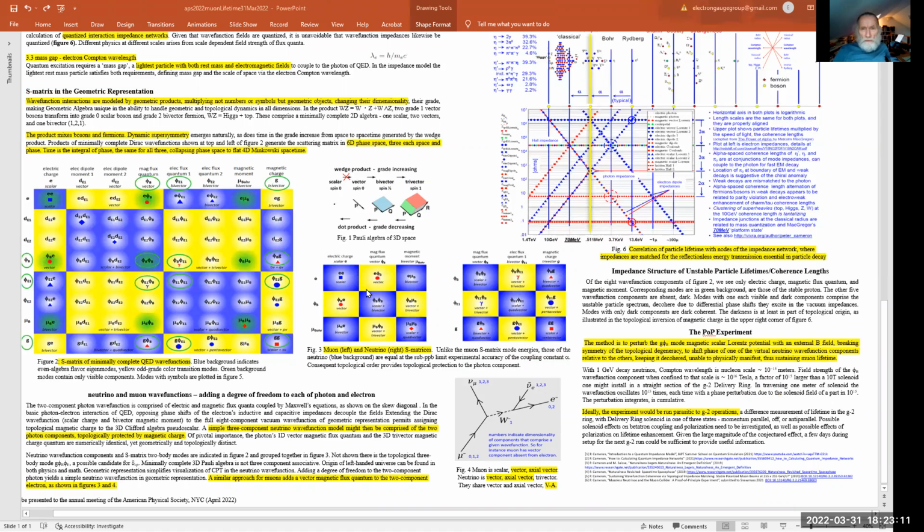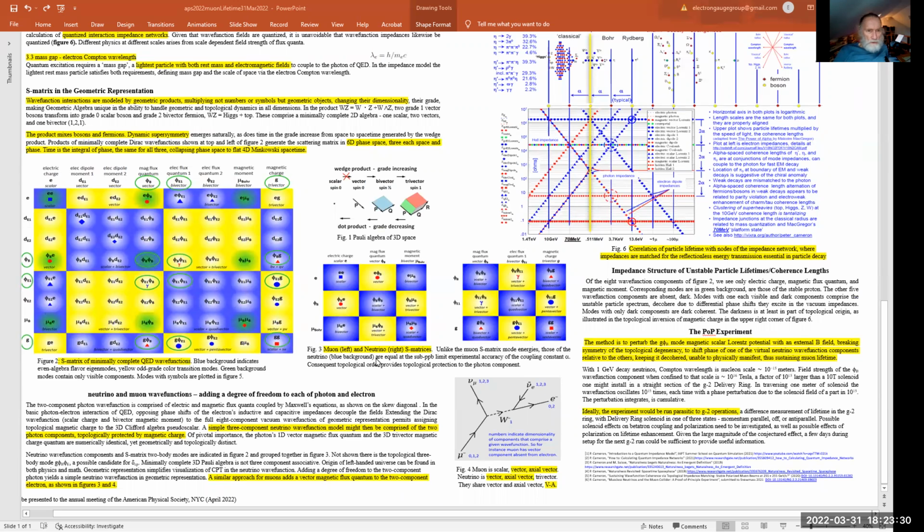So here we see the muon and the neutrino scattering matrices. I've pulled the neutrino scattering matrix out from these items that were pointed out here, with the diagonal modes, the eigenmodes, and also this scalar Lorentz mode that we'd like to influence, to perturb, to enhance the lifetime.